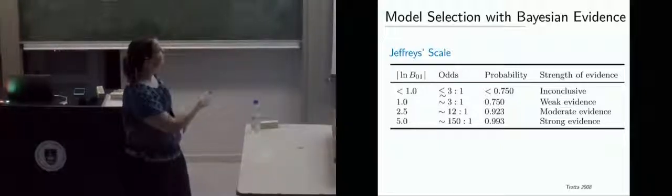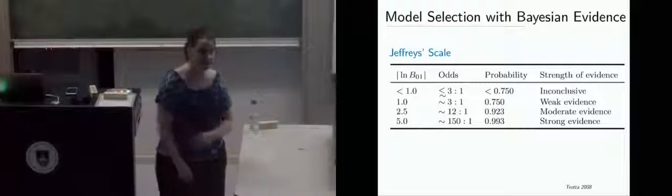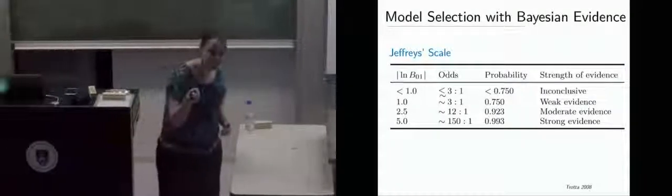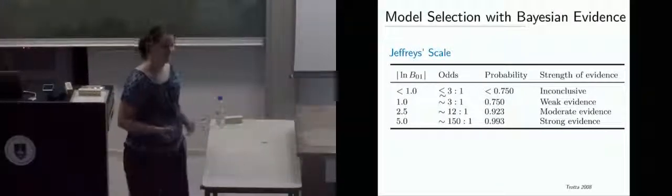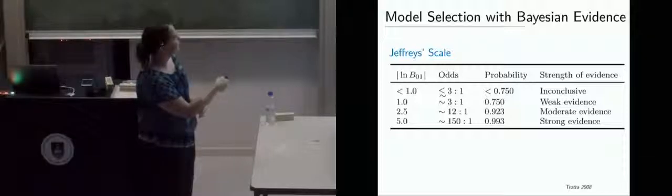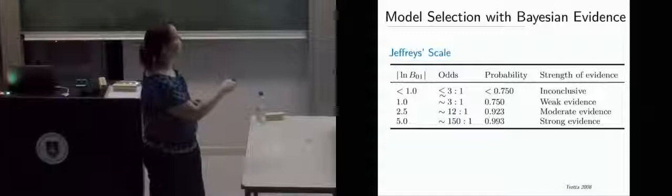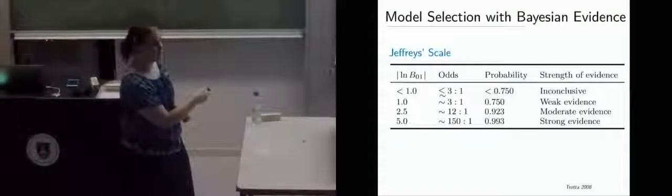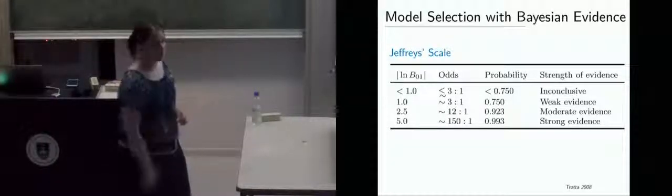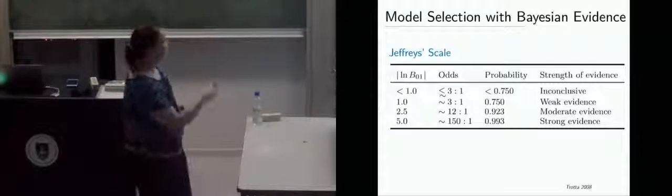But now if I give you 150-to-1 odds, you might say, well, there's such a small chance I'll lose, maybe I'll risk it, right? These correspond to the log of the Bayes factor of these numbers. If you take the log of the Bayes factor of 5, you get roughly, under some assumptions, 150-to-1 odds. That means I prefer model 0 150 times more than model 1. And that we would conclude as strong evidence.